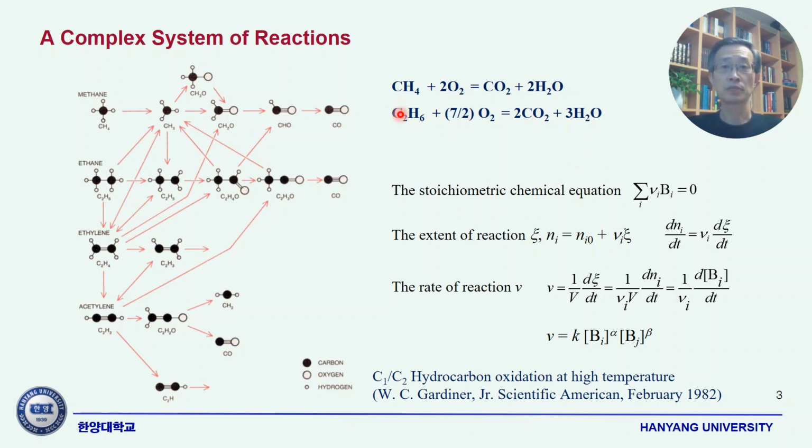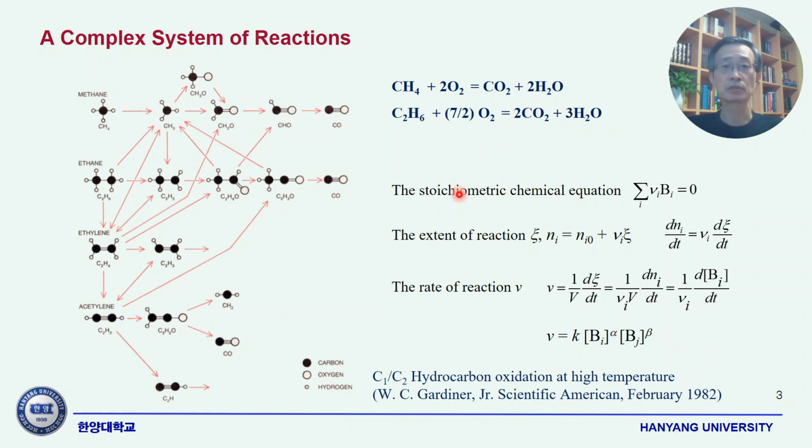This system of reactions doesn't show carbon dioxide yet, but eventually it will be included. Bill Gardner's idea in this case was just to explain how the flame works, so probably it's not there yet. But anyhow, the stoichiometry tells you these two equations.